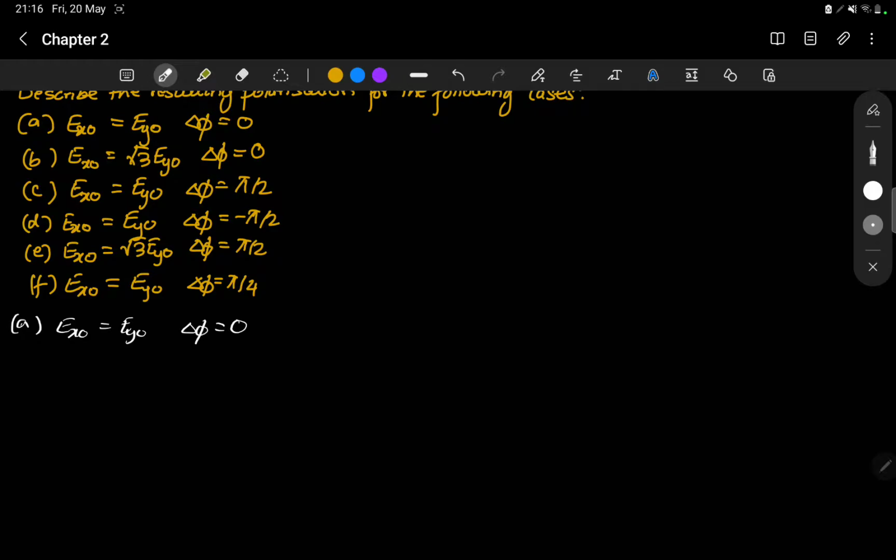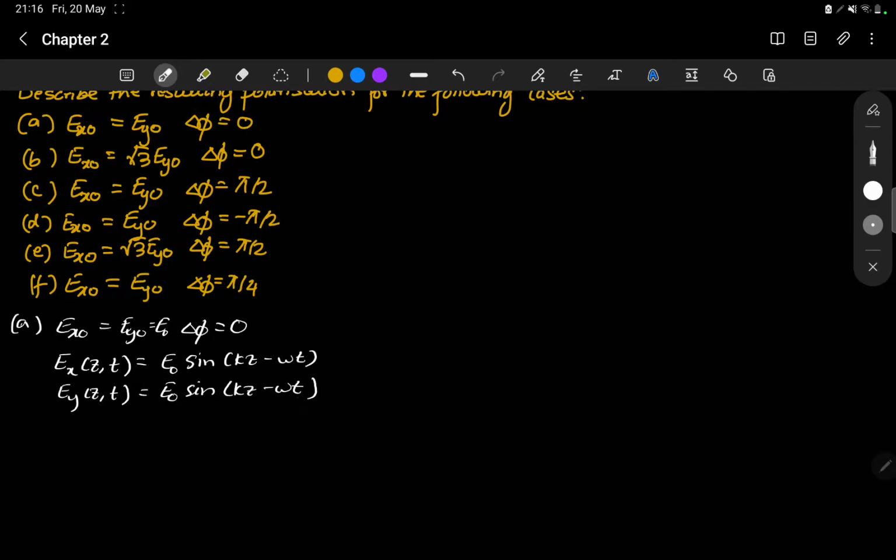So in this, if we write down the electric field components, let us consider Ex0 equal to Ey0 equal to some E0. Ex(z,t) is equal to E0 sin(kz - omega t), and Ey(z,t) is equal to E0 sin(kz - omega t).